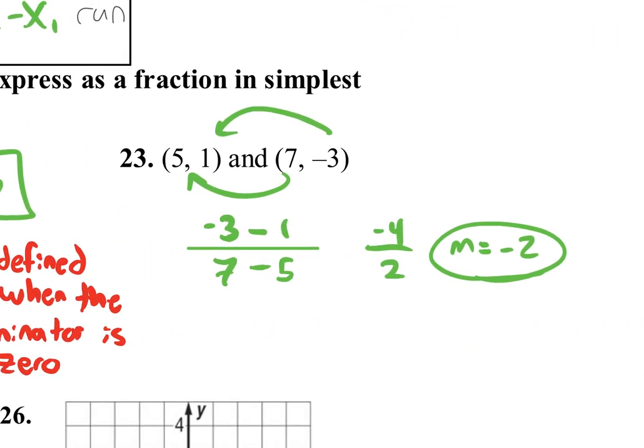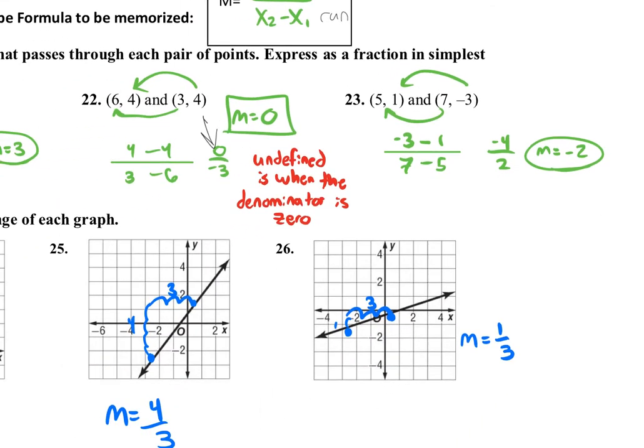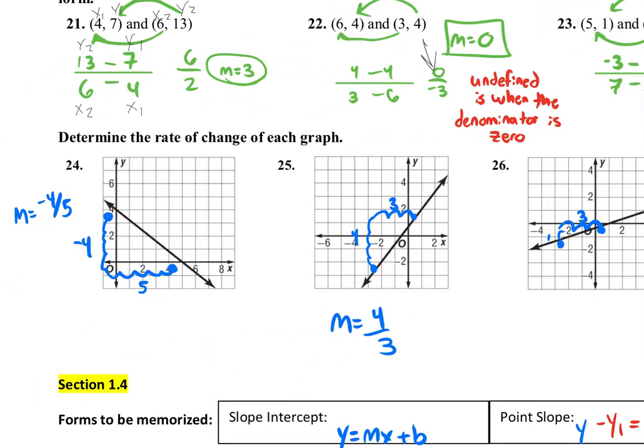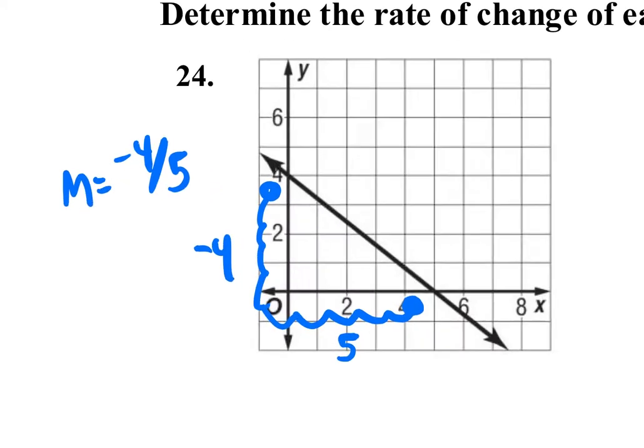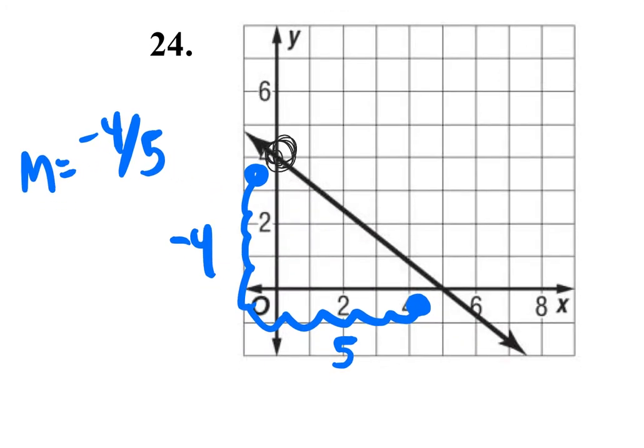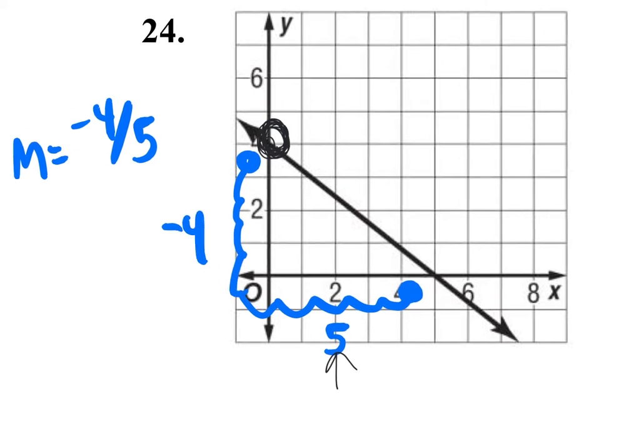And then when I do the slope formula here, we get the slope's equal to negative 2. You can determine slope from a graph by just counting rise over run. I always recommend starting with your point on the left. That way your run is always positive.